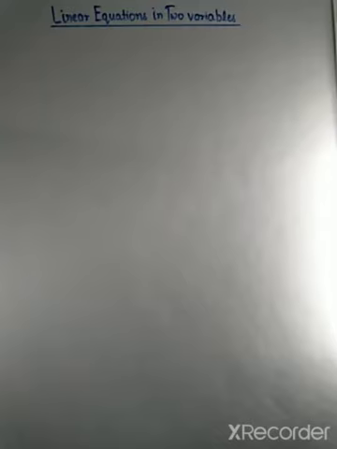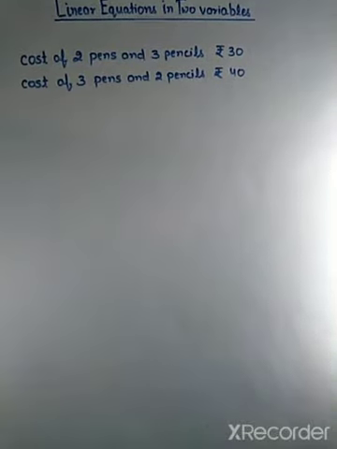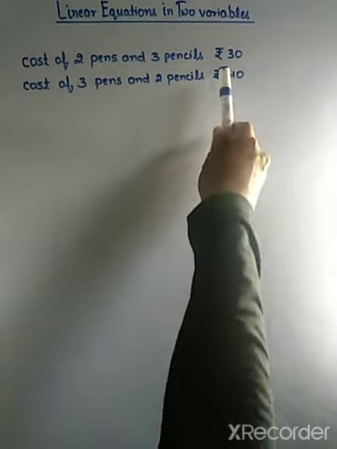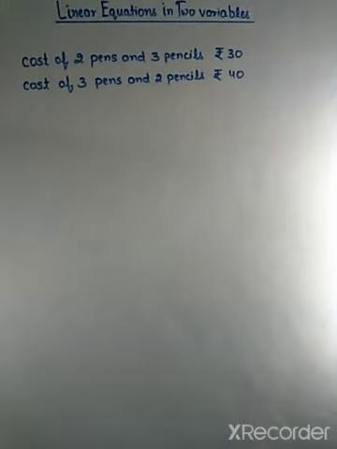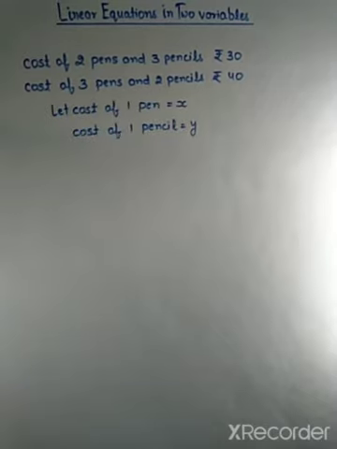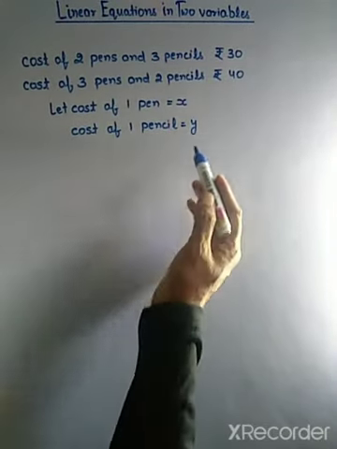As I had taken an example, the cost of 2 pens and 3 pencils is rupees 30 and the cost of 3 pens and 2 pencils is rupees 40. We need to represent this situation in the form of linear equations in two variables. So let the cost of one pen equal x and the cost of one pencil equal y.